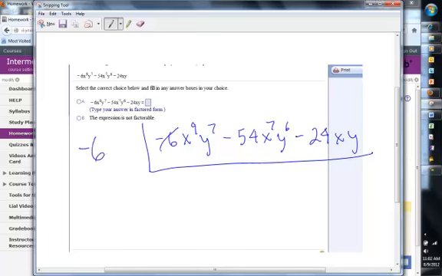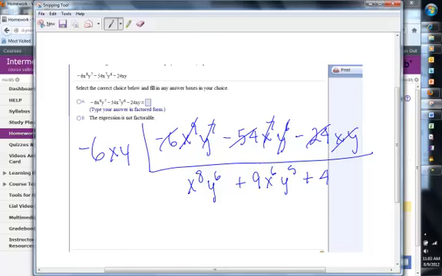So that'll take care of this, and that'll make this plus 9, and that'll make this plus 4. Now let's take out an x and a y. That'll make this x to the 8th, y to the 6th. That'll make this x to the 6th, y to the 5th, and that'll take care of all of those.